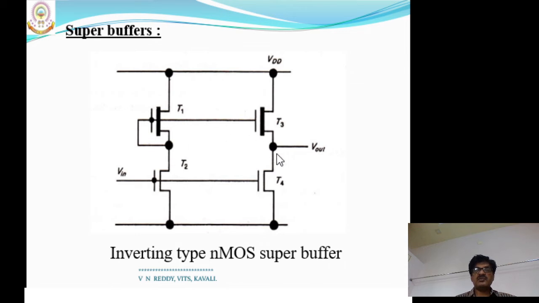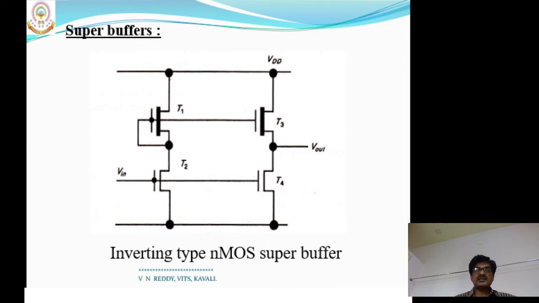But if you come to the super buffer, the transistor T3 drives a large current to charge the capacitor. Now that current is proportional to its gate potential, right? How much is the T3 gate potential? VGS is VDD.